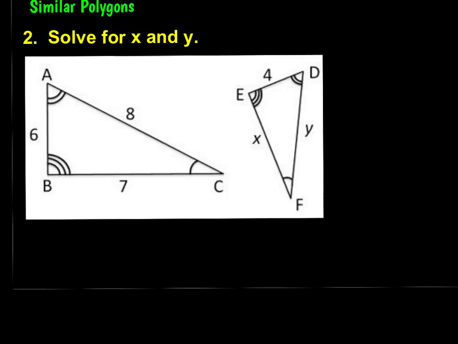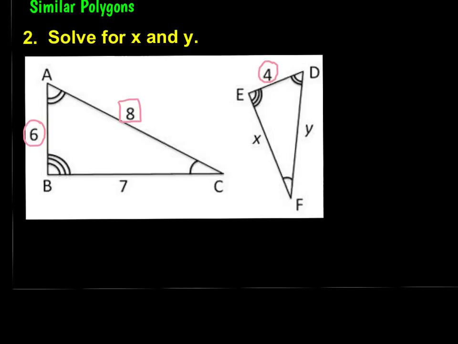So let's go ahead and mark whatever sides would be similar to each other. So first let's find the side that would go with 6. So if you look, we have 2 marks, 3 marks. Over here we have 2 marks, 3 marks. So we know that 4 and 6 would go together. And how about we look for what goes with 8?